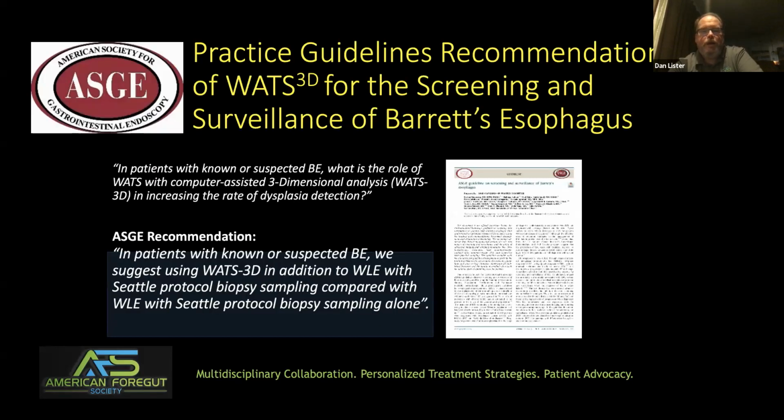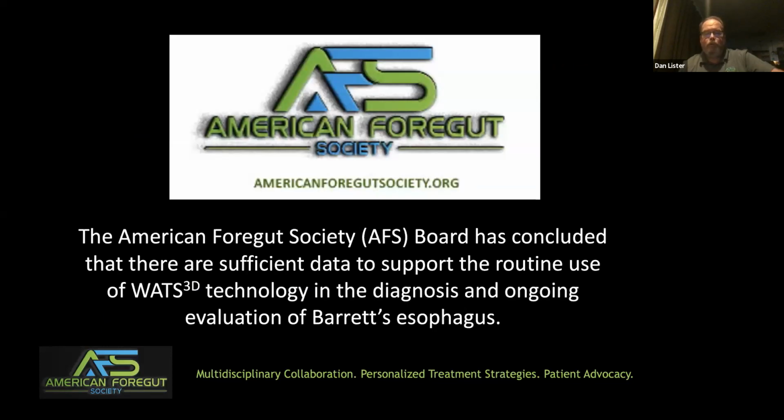Various groups have looked at this. The ASGE came out with their guidelines first, stating that patients with known or suspected Barrett's should have Watts in addition to white light endoscopy with Seattle protocol. Our group, the American Foregut Society, looked at this, and the board concluded that there was sufficient evidence to support routine use of Watts 3D technology in the diagnosis and ongoing evaluation of Barrett's.